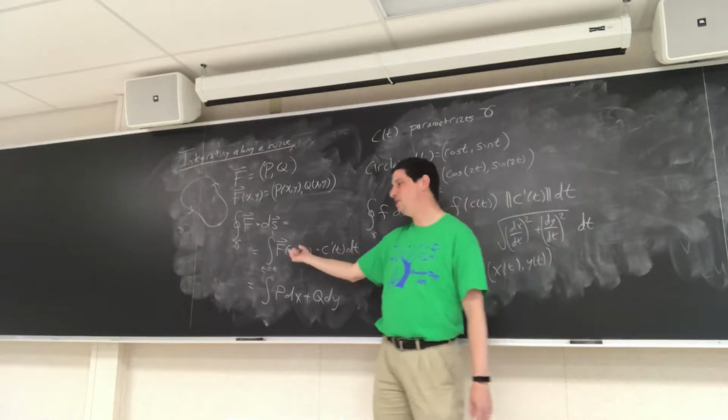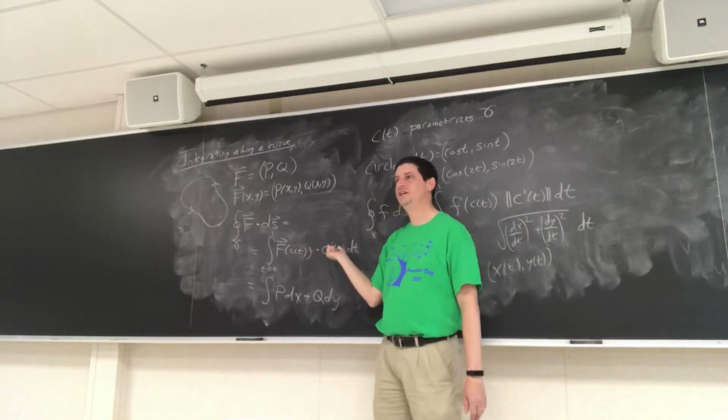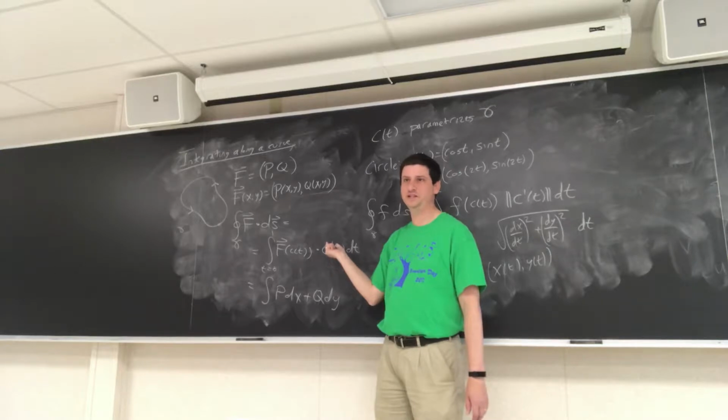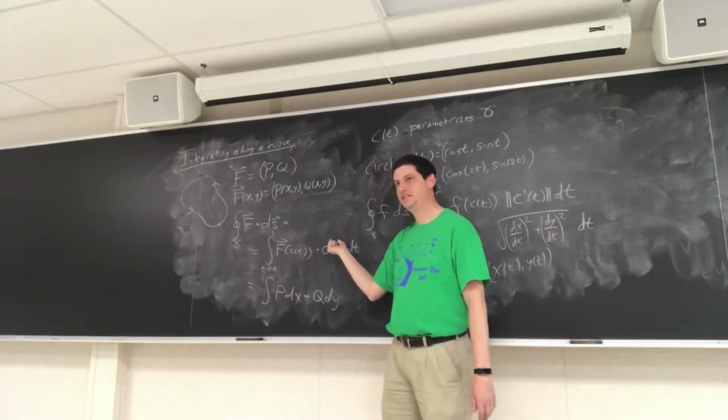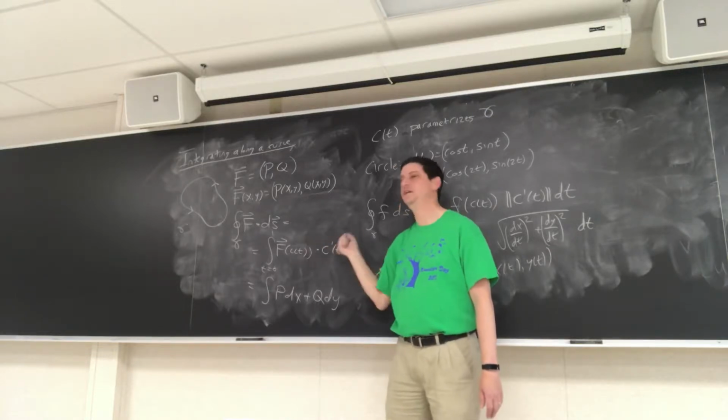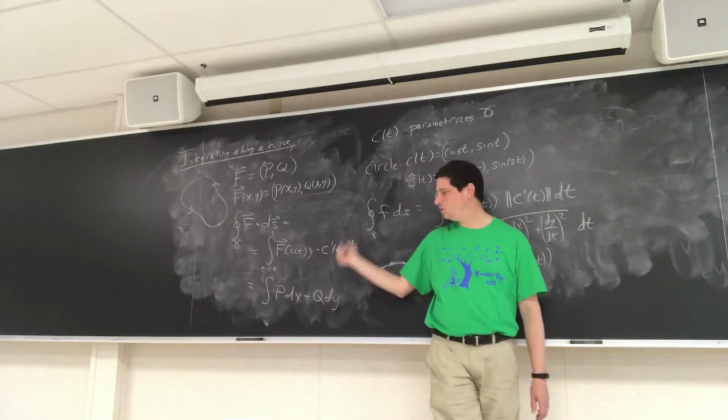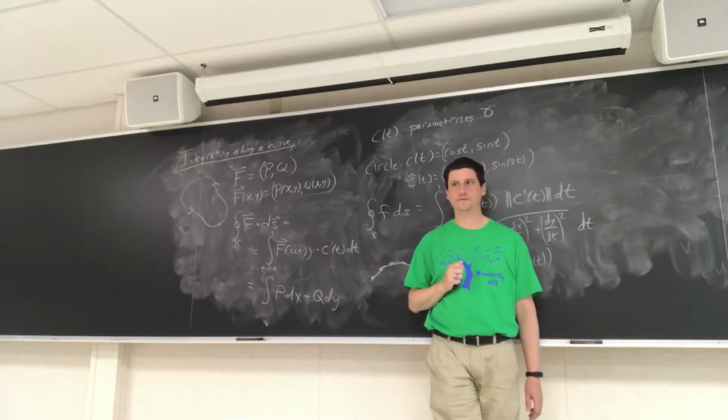But since I can view F as P comma Q, and I can view this as dx dt comma dy dt, well, when I multiply things, I'll have P dx dt dt. Oh, that's like P dx. And that's why notationally we write this.